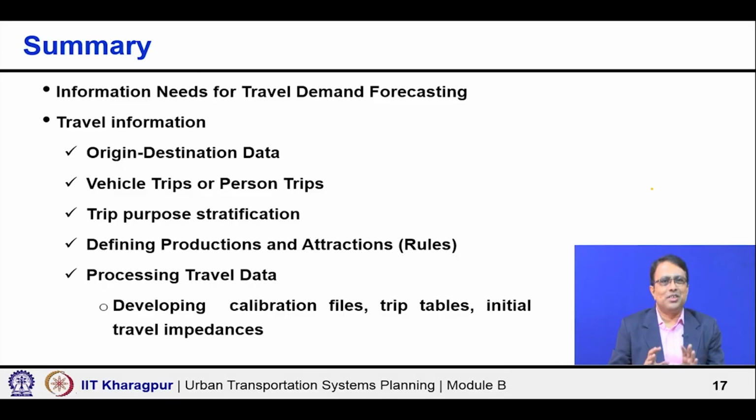Then we discussed briefly the processing of travel data: how to develop the calibration file, trip tables and the initial travel impedance. Once you have the trip table data, you know how many people have traveled from one zone to another zone and what their travel time is by different modes.